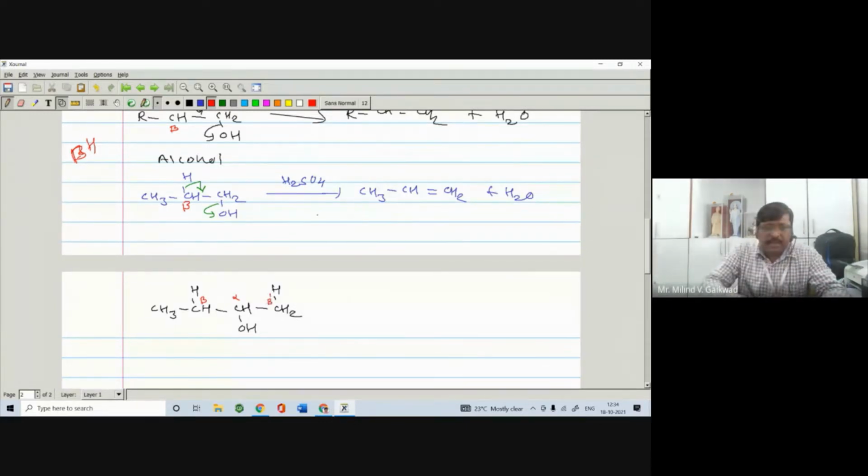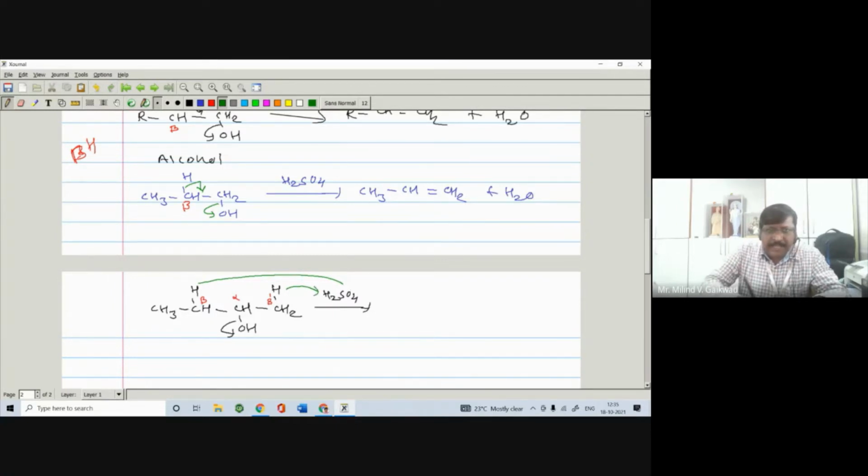The reaction takes place in the presence of H2SO4. Again this sigma bond shifts and a proton H plus is abstracted from a beta carbon, but since there are two beta carbons, this H may be abstracted, and this H may also be abstracted.